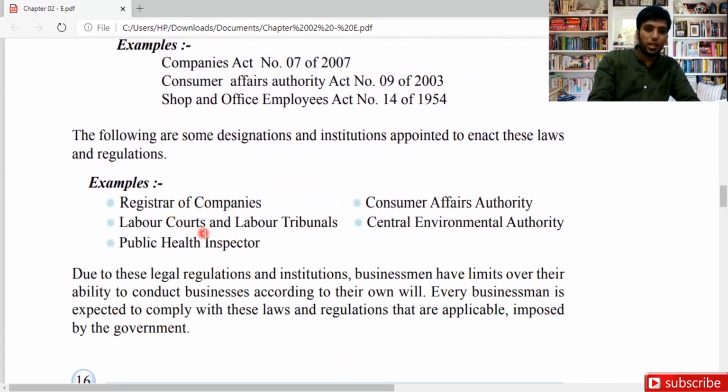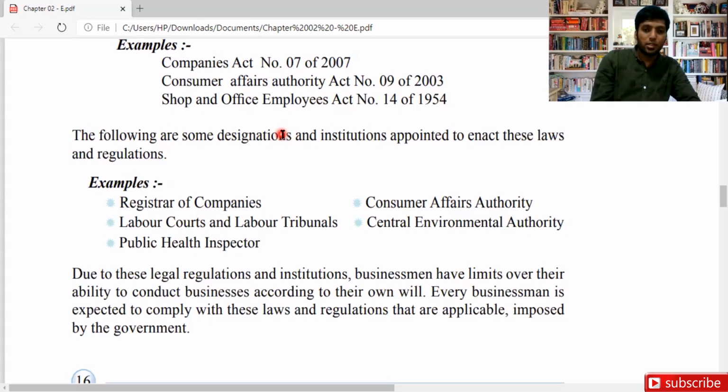Labor Codes means if anything bad happens to an employee, most of the time under the Shop and Office Employees Act, they might go and complain under Labor Codes and argue for what they need from the business, because if the employer has done something bad to the employee, they can get compensation from the employer for it.